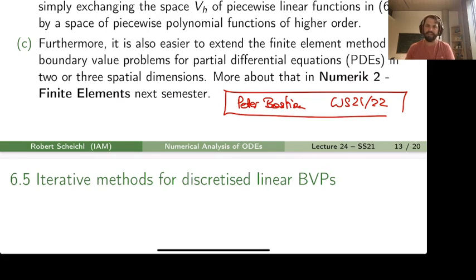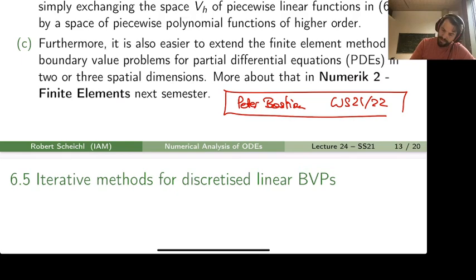I've already said when I wrote down the finite element system that we can use the Thomas algorithm, Gaussian elimination of tridiagonal matrices, and efficiently solve these finite element and finite difference methods. However, in general, and especially when you have higher order finite elements or finite differences, this is not so easy. And so really what people use, and especially also in higher dimensions for partial differential equations, is iterative methods.